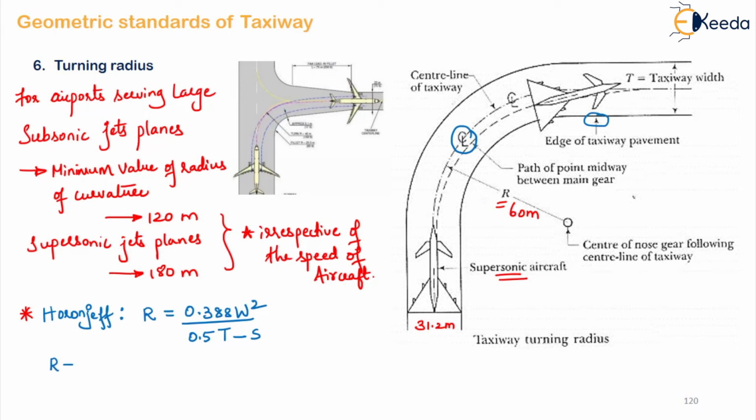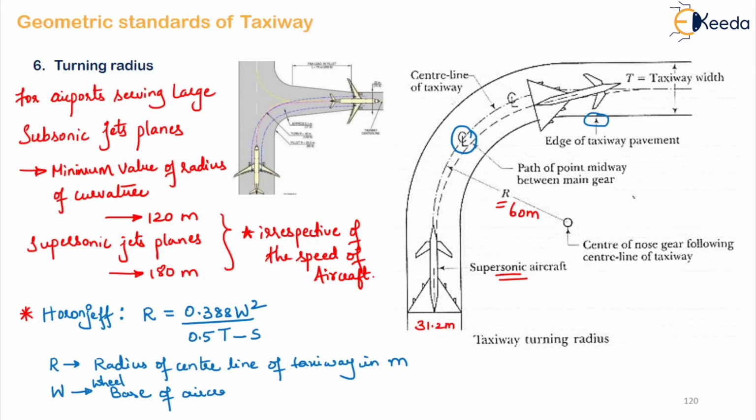Here R is the radius of center line of taxiway in meters. W is the wheelbase of aircraft, again in meters. T is the width of taxiway pavement, again in meters.